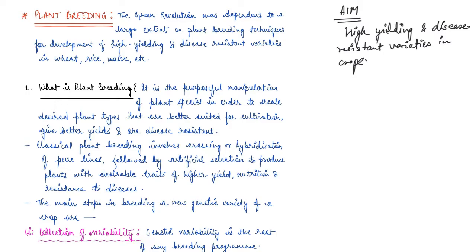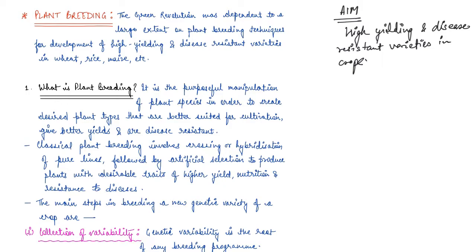Classical plant breeding involves crossing, hybridization of pure lines of plants, followed by artificially selecting the progeny plants with desirable traits of higher yields, nutrition, quality, resistance to disease, and a lot of things, right?